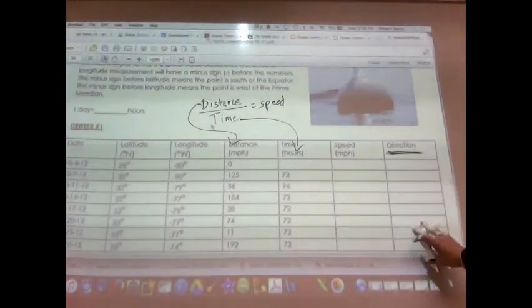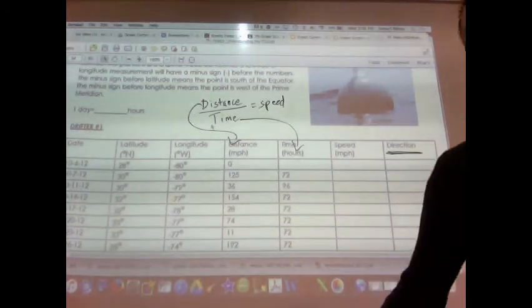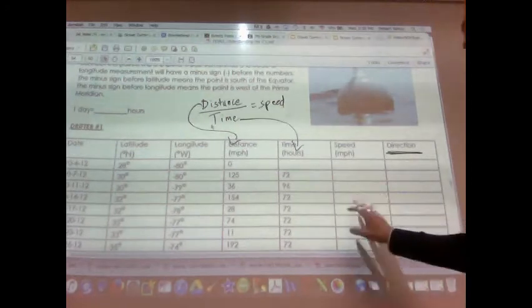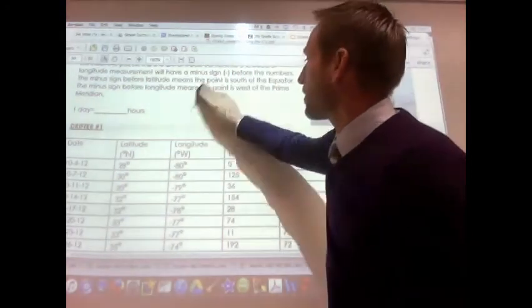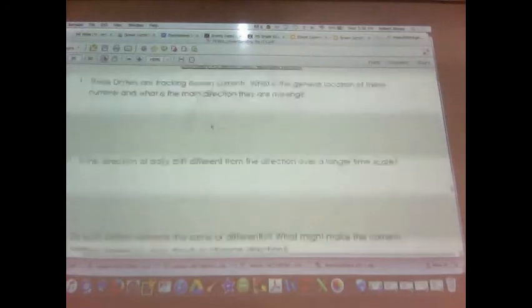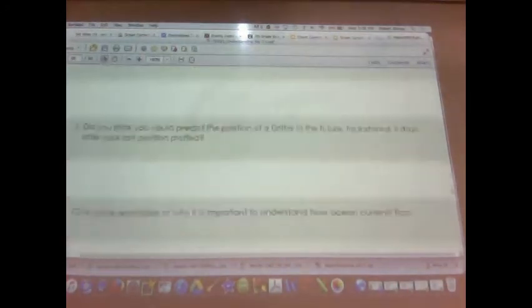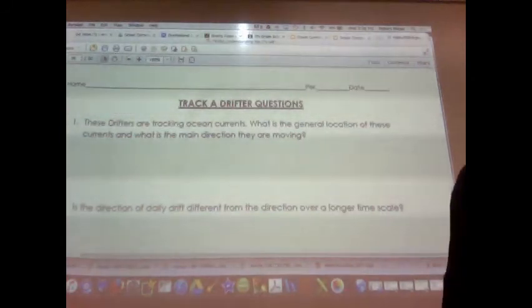That's what you will write in direction. Once you finish the chart and the map, the last thing for you to work on today is on the back of the map. And there are 7 questions for you to go through and answer on the back.